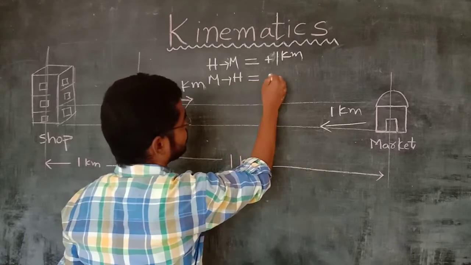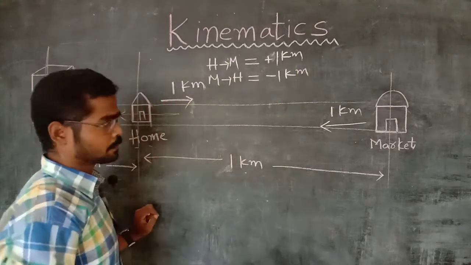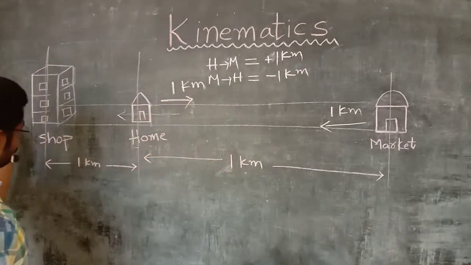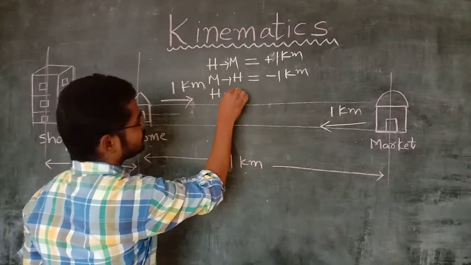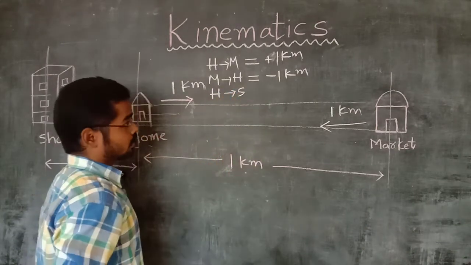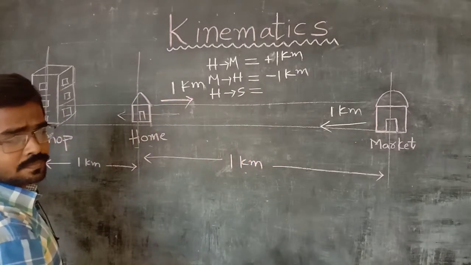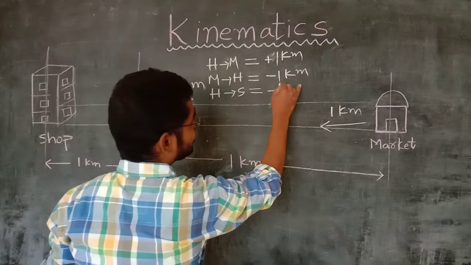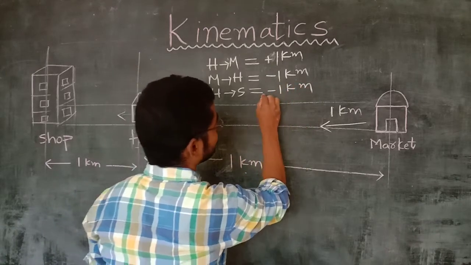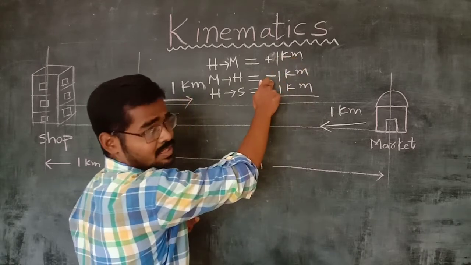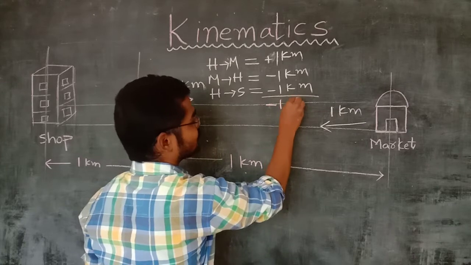He will cover a displacement of minus 1 kilometer. And again from his home to a shop, some Reliance Mart or any shop, he will cover a displacement. In which direction is this? Towards left. So what will be the displacement? Minus 1 kilometer. So now the net displacement is how much? 1 minus 1 is how much? 0. 0 minus 1 is minus 1 kilometer.